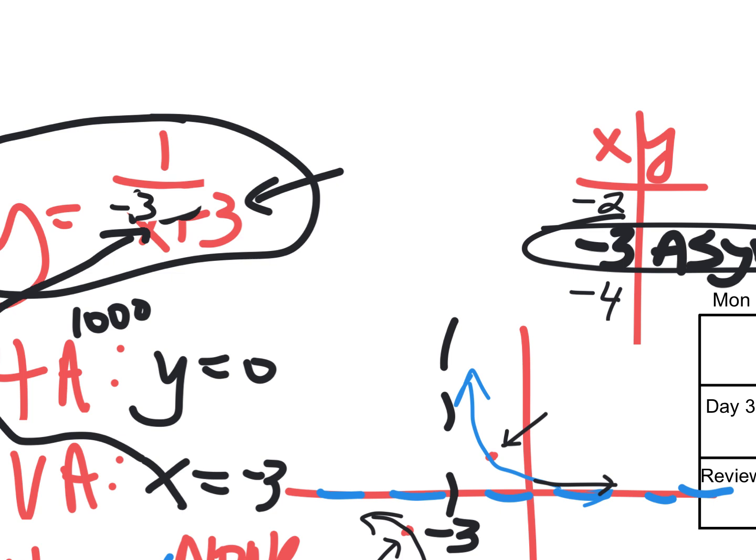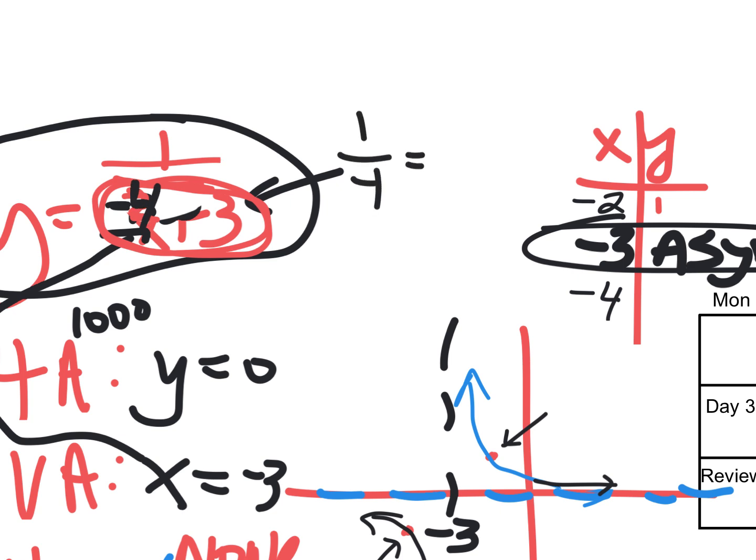If I put in a -2 right here, I hope you realized how nice it worked out. It comes out to 1 over 1, which is 1. And the other one, when you put in a -4 right here, you get -1 on the bottom, so you have 1 over -1, which is -1.